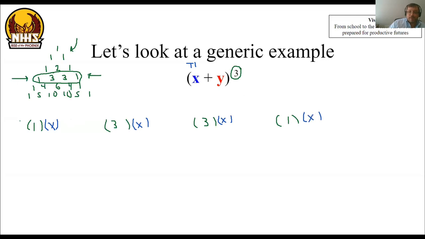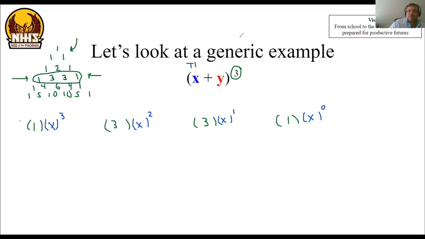And if that would have been a negative x, I would have put negative. If that would have been a 5x, I would have put 5x. Whatever that first term is, you put the same thing. And you start with the highest exponent, which is 3. So I count down: 3, 2, 1, and 0.